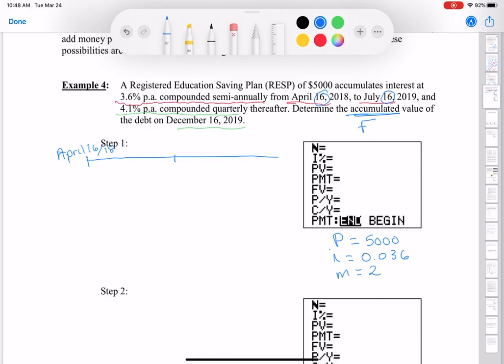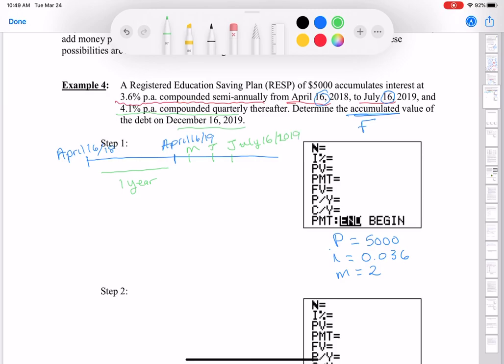So we can count for a full year to April 16th, 2019. So we know that we have one full year. And from there, we can count up by the months to July. So we have May, June, and July. Here's our July 16th, 2019.